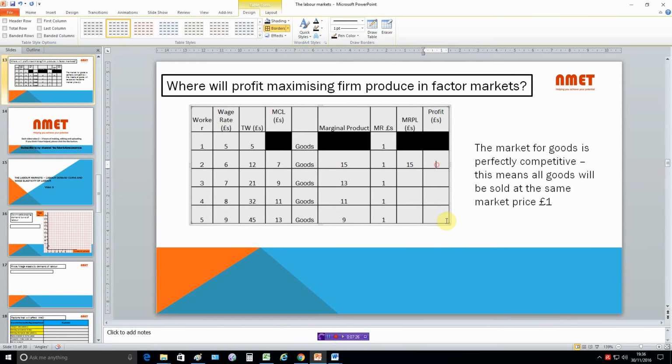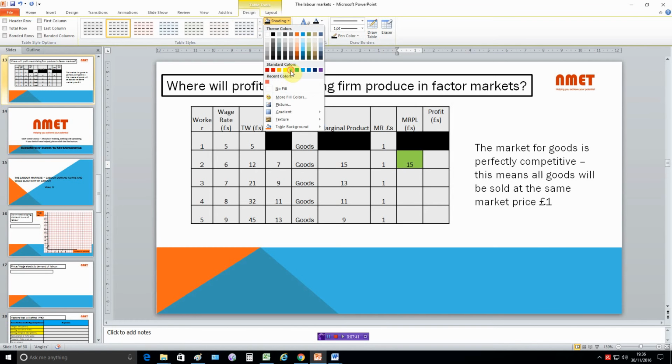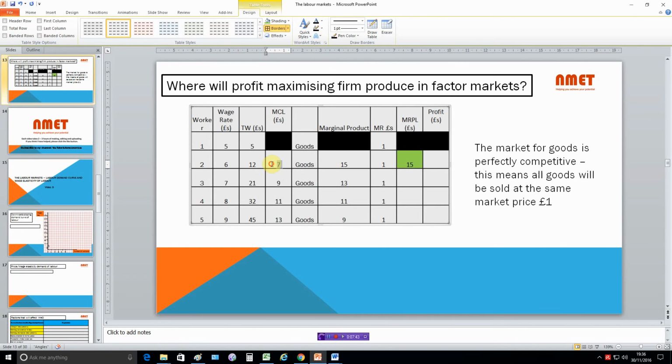What is the profit that this worker is adding to the firm's total profit? It would be the revenue it's earning, which is 15 pounds. Let me put this color over here, green. And the money that's been spent is the marginal cost.